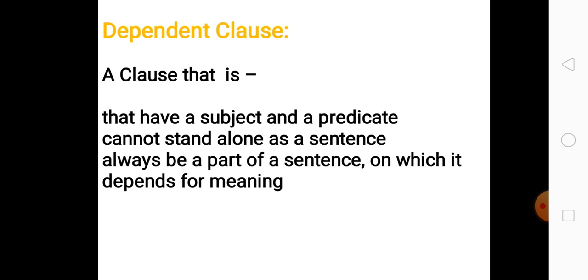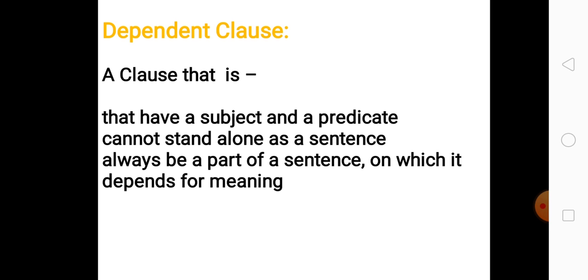For example, I say, the girl tried and succeeded. Here you can see "the girl tried" is a main clause, because this part stands on its own and does not require anything else. It indicates complete meaning. Now "and succeeded", this group of words, is dependent on the main clause, that is, the girl tried.